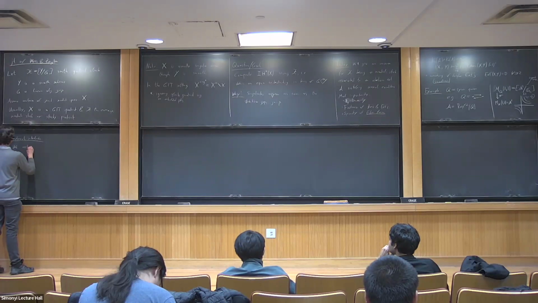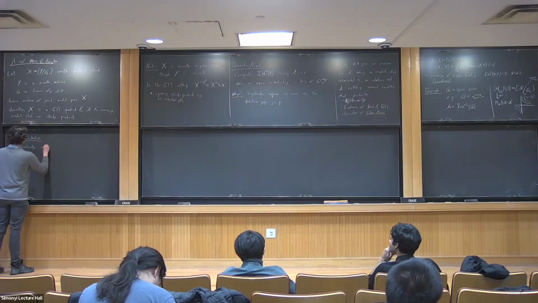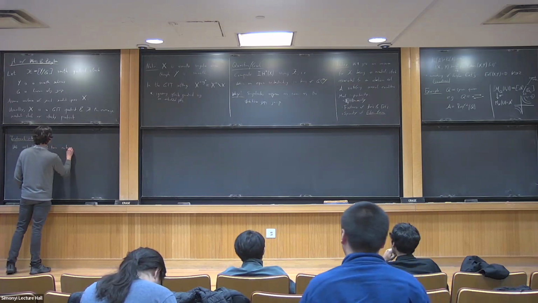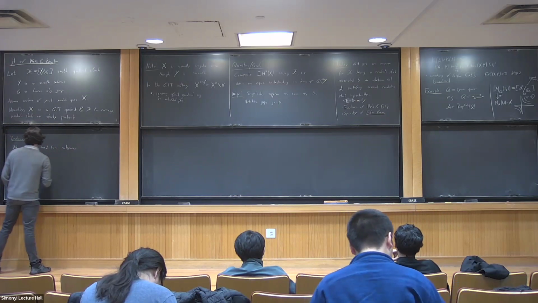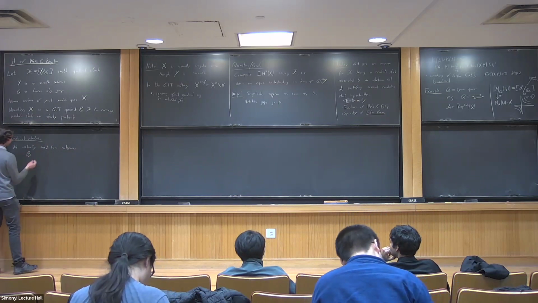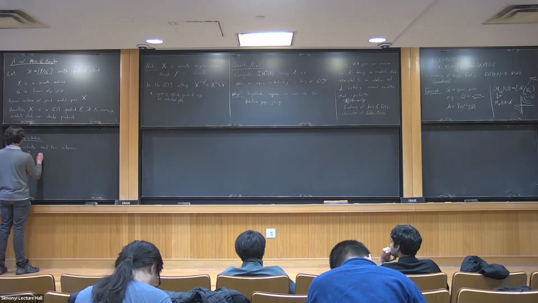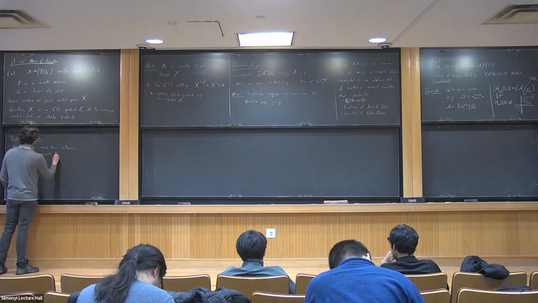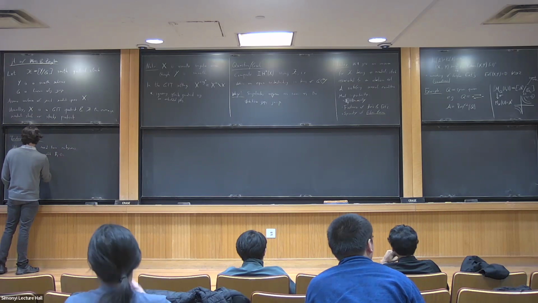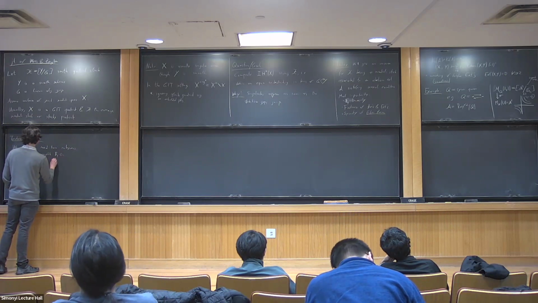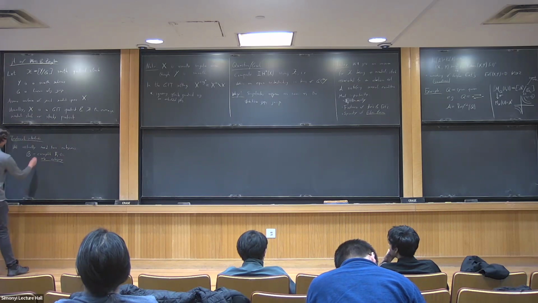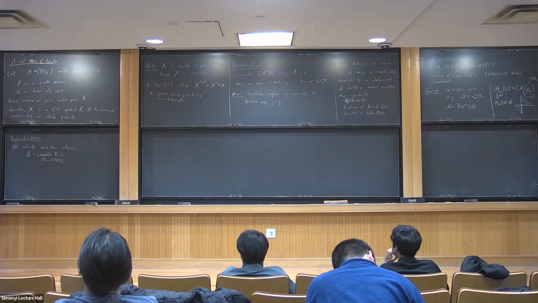So we actually need two categories. One is called B. It's a co-complete F_q linear abelian category. The important property is the fact that it's co-complete.